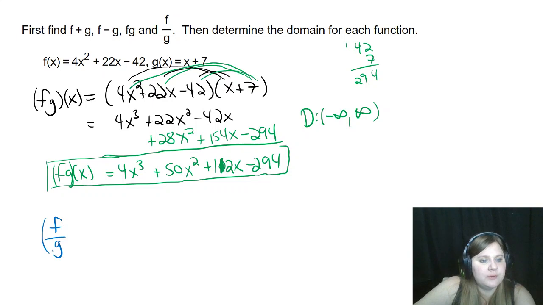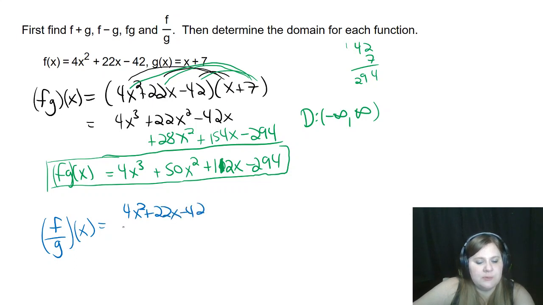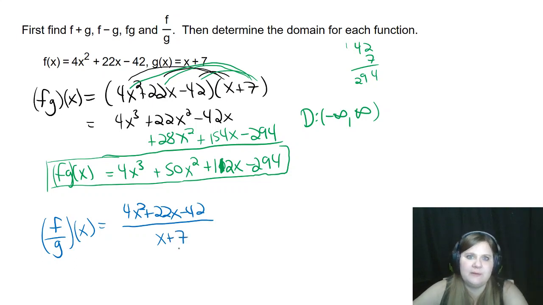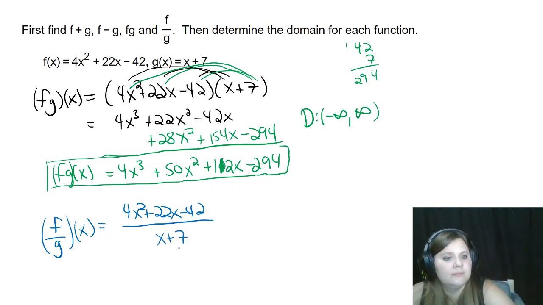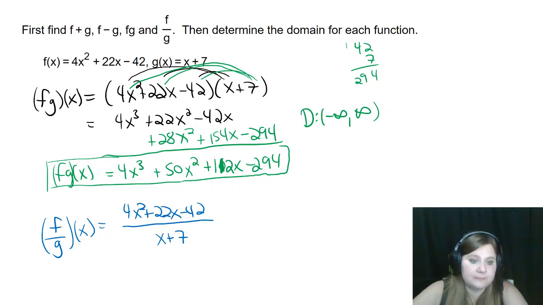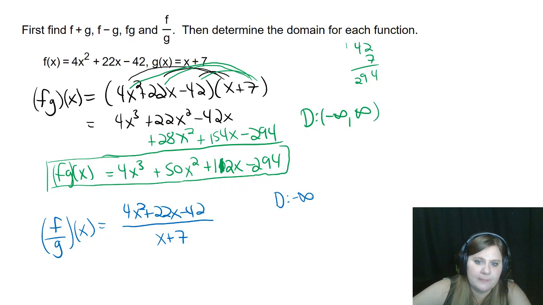So f over g of x is, well, 4x squared plus 22x minus 42 over x plus 7. Now, two things. One, you should go ahead and find the domain now.